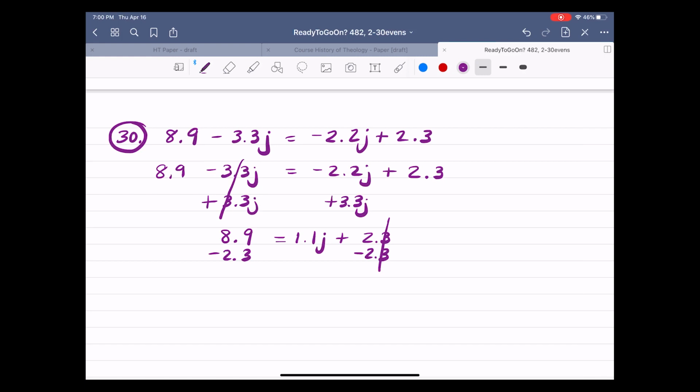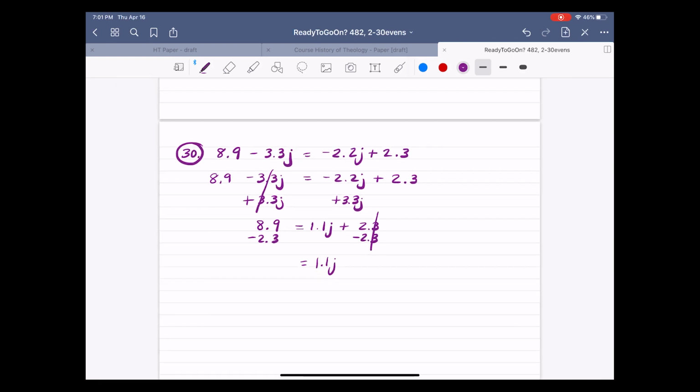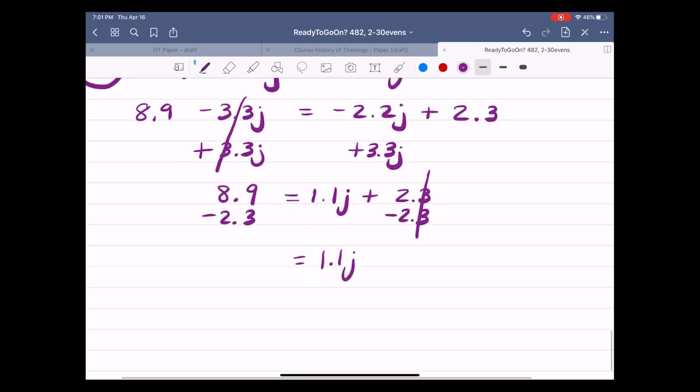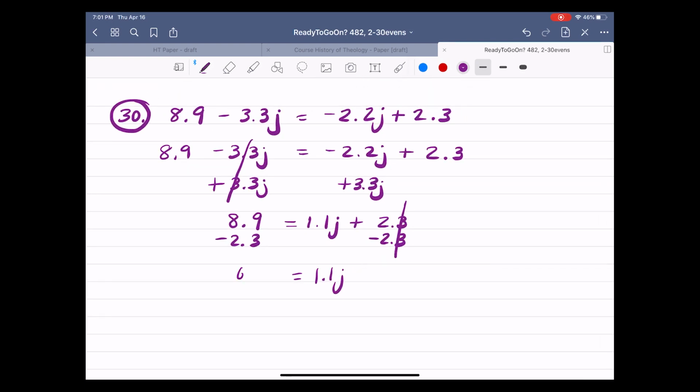These cancel out, and I'm left with 1.1j equals 8.9 minus 2.3, and I get 6.6. 6.6 equals 1.1j. Divide both sides by 1.1, and you're going to get 6. J equals 6. Number 30, j equals 6.